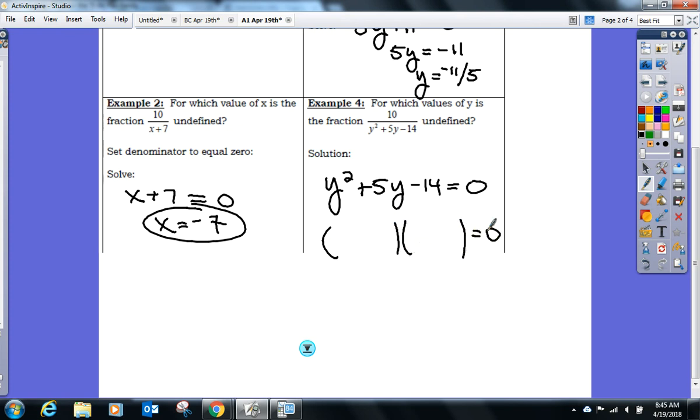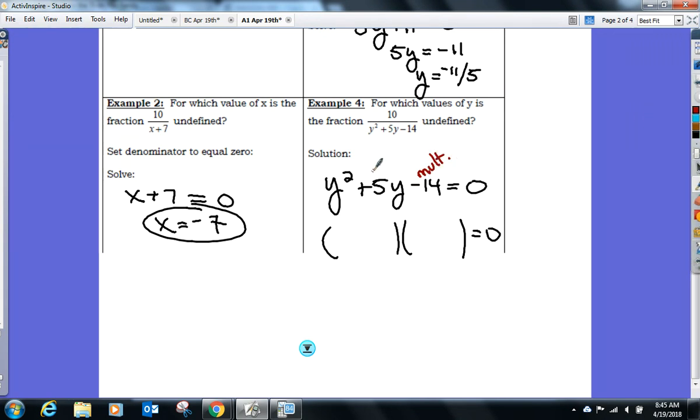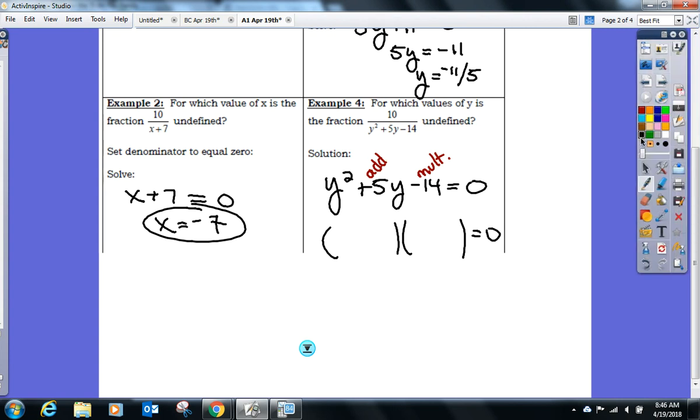So anybody want to tell me what type of numbers I'm looking for here? Don't tell me the numbers. I'm looking for 2 numbers that do what here? Let's go, Caitlin. Two numbers that multiply to your C value, negative 14, and add to that B value of 5. Here, we're going back again. I told you guys, bad news for some of you. We're still factoring. I'll let you guys think about that.